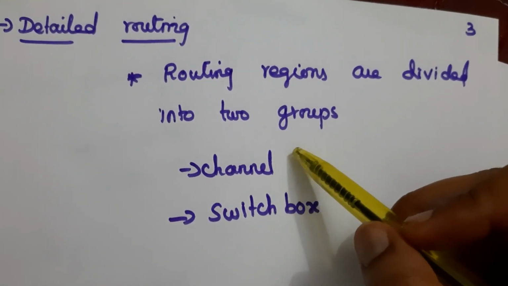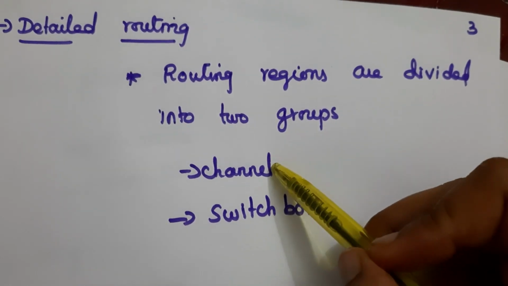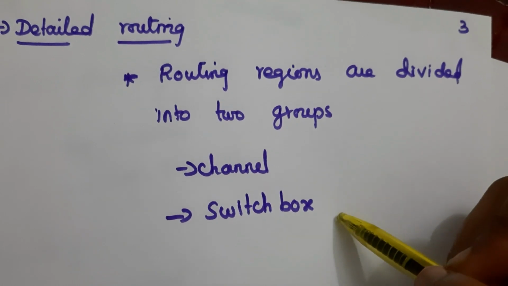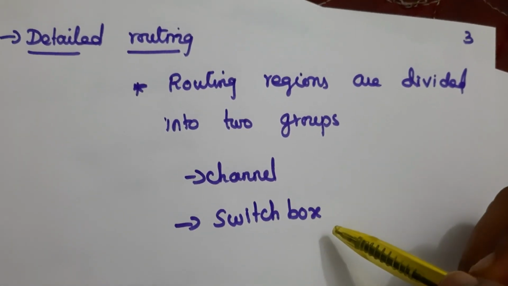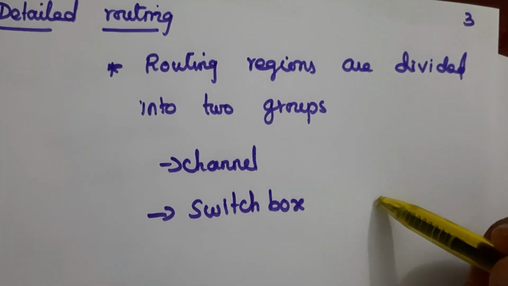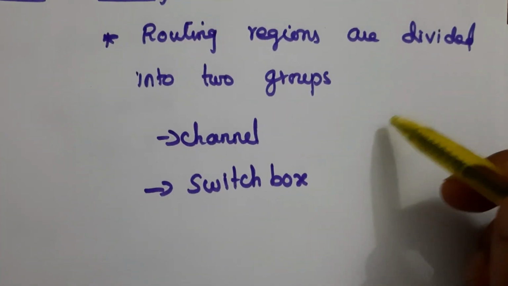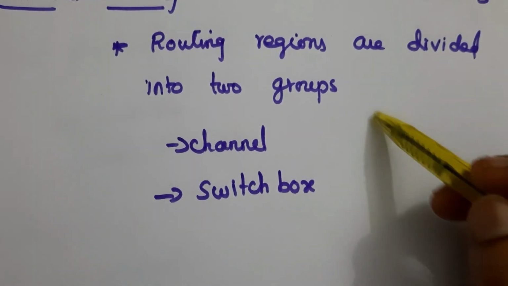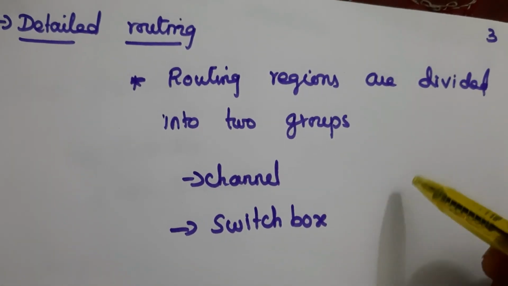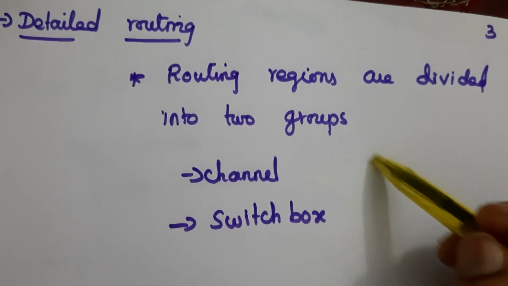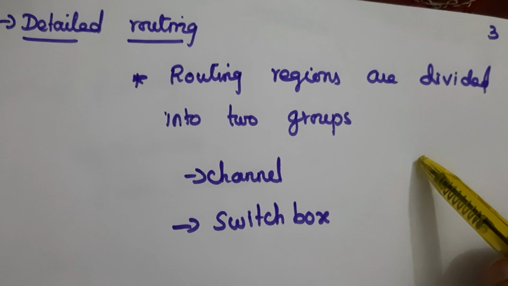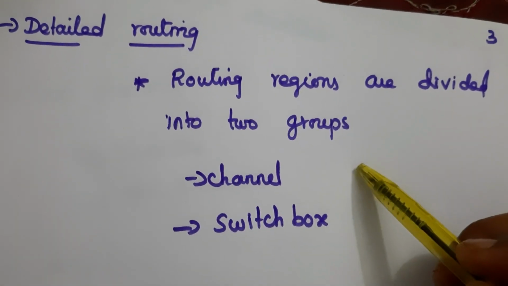If two sides are bounded, that region is known as a channel. If all sides are bounded by modules, that is known as a switch box. In detailed routing, we find how the physical design can fit into those routing regions. This is the main task performed here.